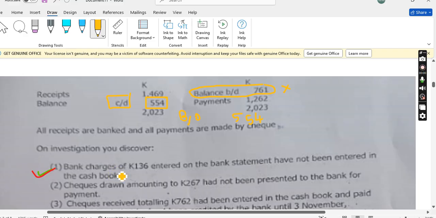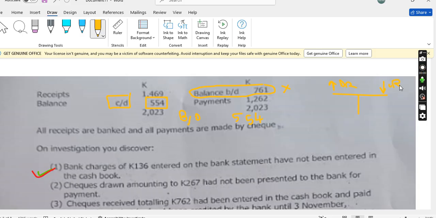Colleagues, remember the cash book is an asset account, so it increases with debit and reduces with credit. What you need to tell yourself is this: all payments will be credited, all money received will be debited.